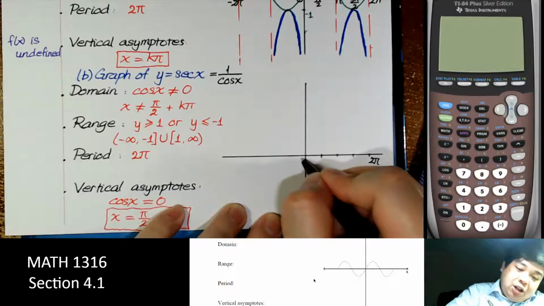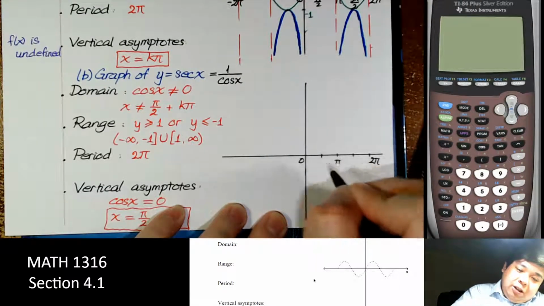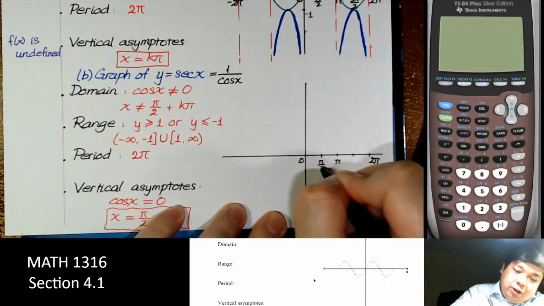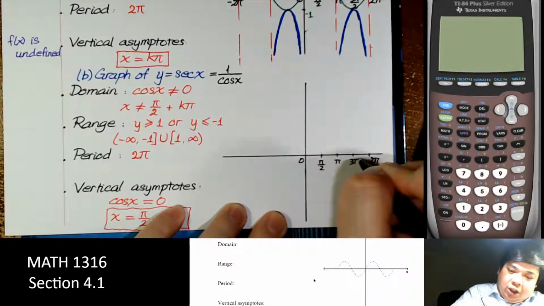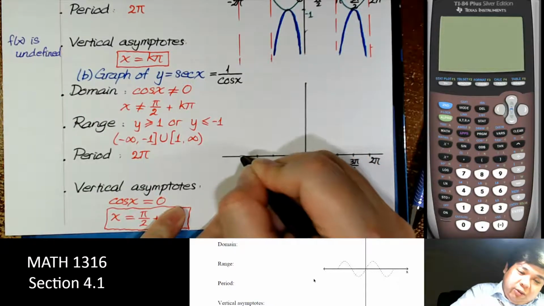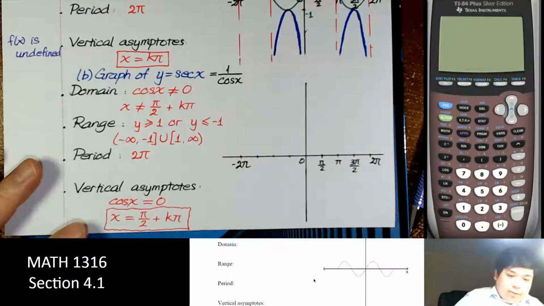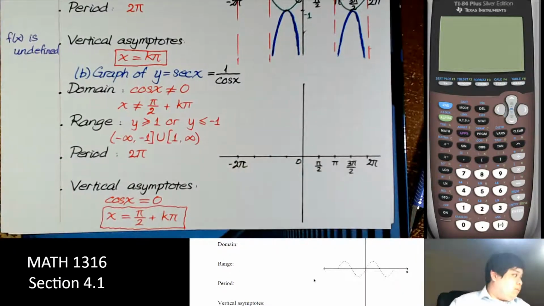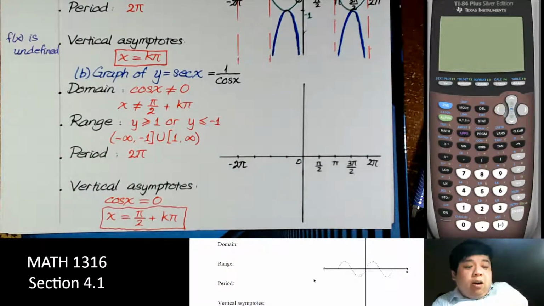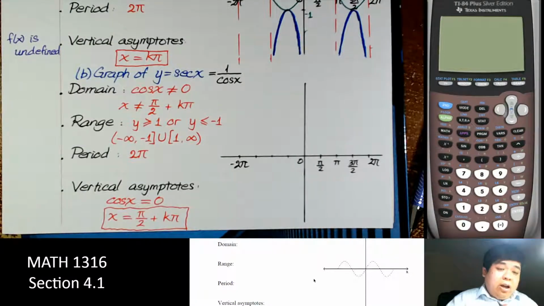So I'll divide that into 4 equal pieces. Pi, pi over 2, 3 pi over 2, and then 1, 2, 3, 4, -2 pi on the other side. Right, now first, since secant is equal to 1 over cosine, I will graph the cosine function.